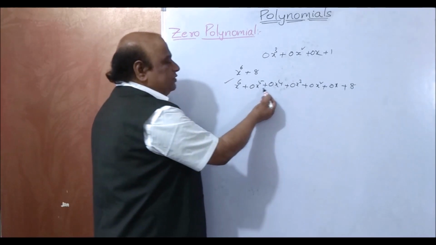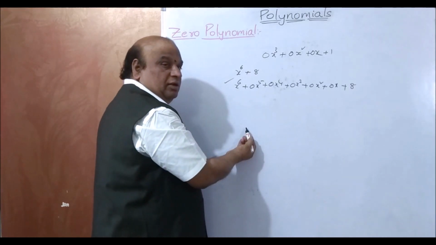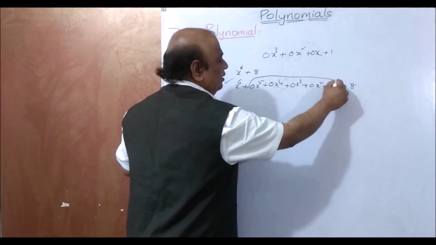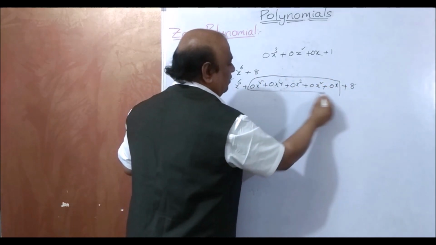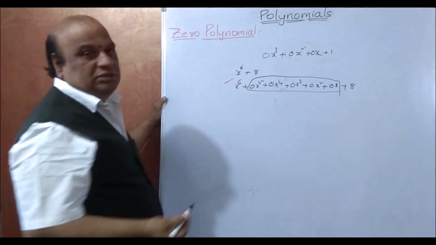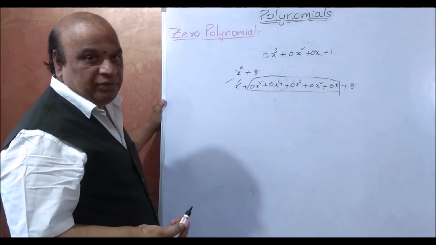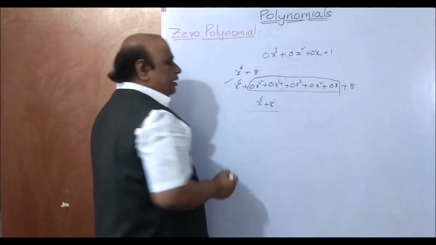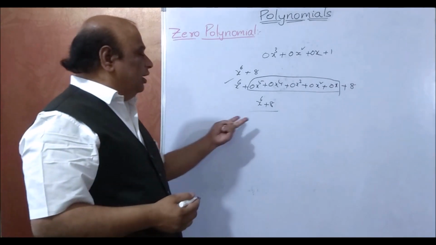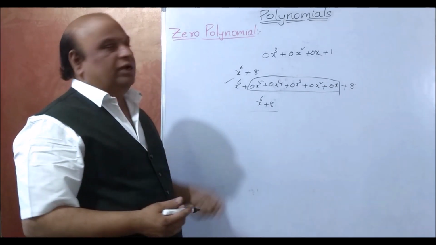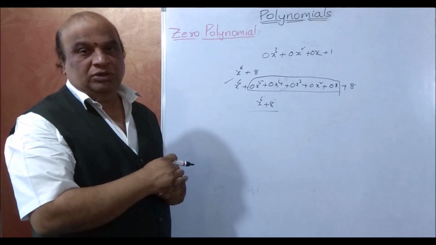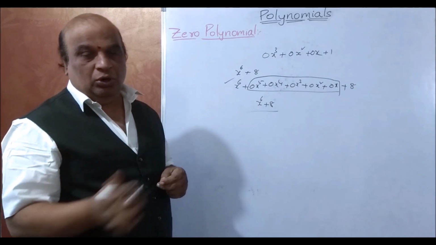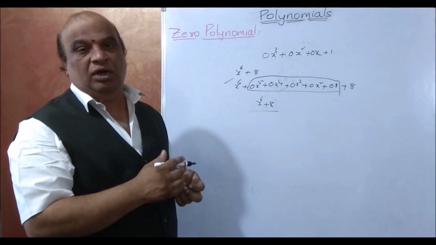All these coefficients are 0, so this is called a zero polynomial. We need not write all of them. For convenience, we write only 2 terms instead of 7 terms. Remaining all are zeros. So if the coefficients are 0, then that polynomial is called a zero polynomial.